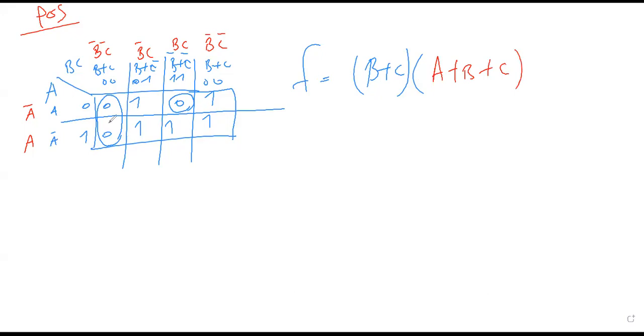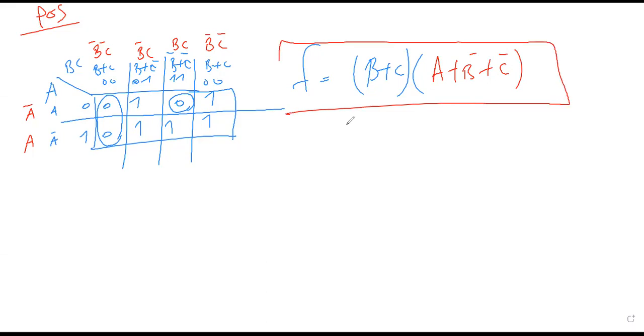So here I know all the variables are supposed to be there because it is a group of one. Now, here we have A, so it remains as A. Here we have B bar plus C bar. So this will be our expression for product of sum, which is equal to the one which we already did for sum of products. What was the value?